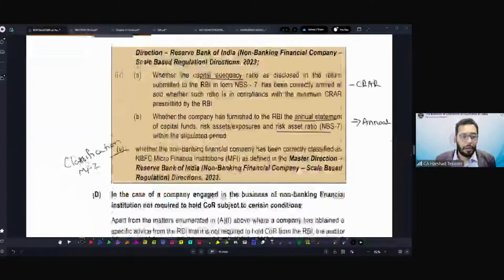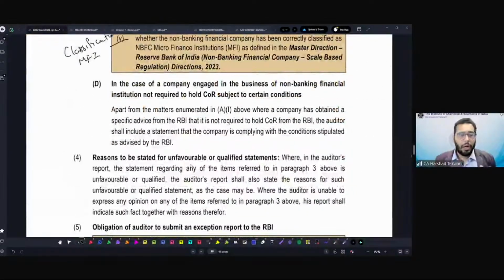Okay. Now, whenever there is a breach, when there is an unfavorable or qualified statement, the auditor has to report the reason for the qualified statements. So the auditor has to report what is the qualified matter over here, why it is a qualification, and the reason in detail behind that is required to be reported.